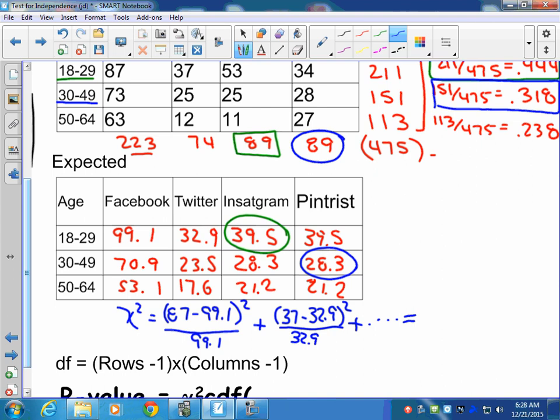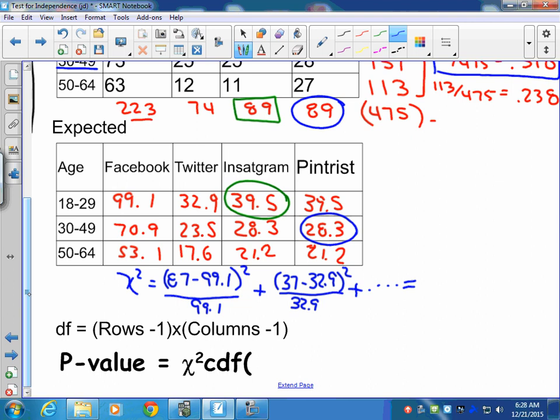Okay, now a couple notes as we're finishing this up. Degrees of freedom. Remember, it's how many values do you have a chance of manipulating? And when we're looking at a table like this, if I look at the 18 to 29-year-olds, I can manipulate these first three columns, but then Pinterest becomes locked in. So I can't do anything with the Pinterest column.